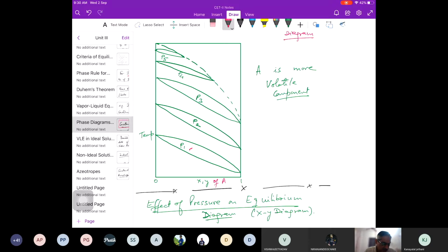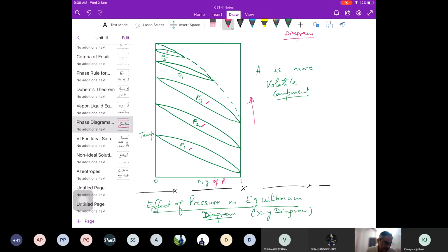As you increase the pressure, it will contract, and at very high pressure, near critical temperature, it will become very close to each other. So as the pressure is increased, the TXY diagram will contract, or at critical point there is no difference.